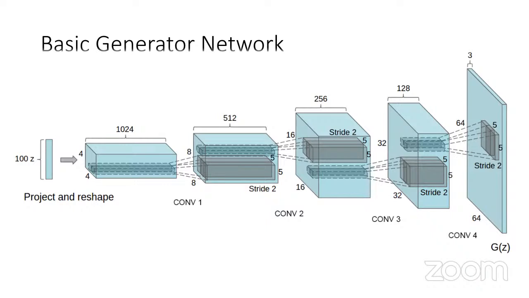So that was 2015. And what happened to get from this 100-dimensional vector to this image is that the architecture had a lot of convolutions and upsampling operations. And so this is pretty much still the concept that's dominant today.